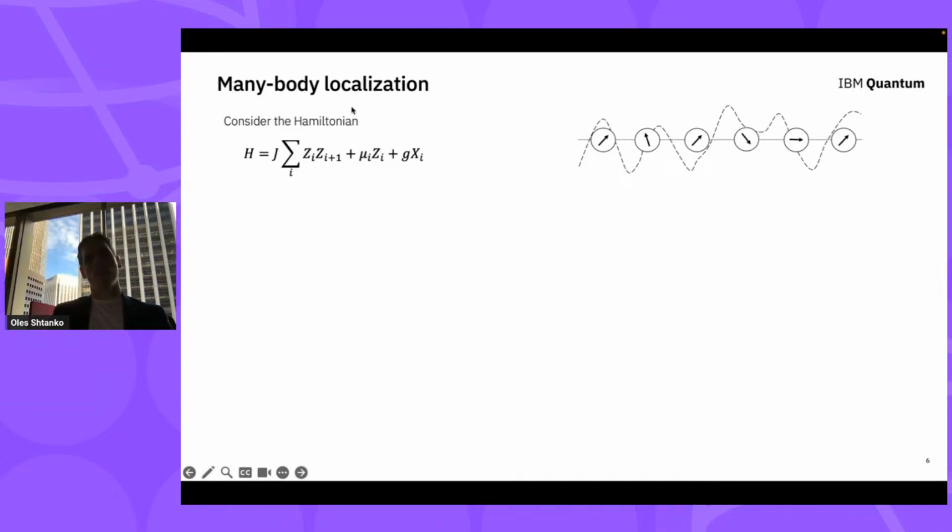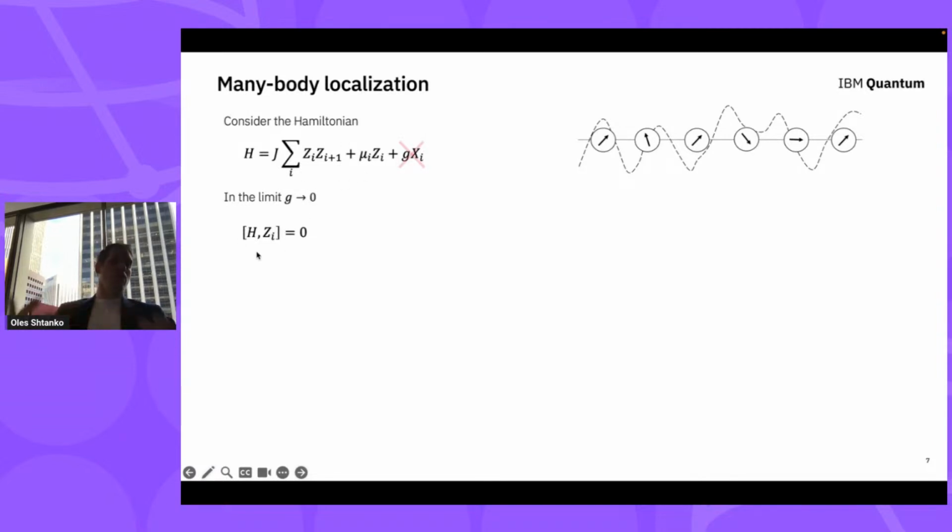So why is this Hamiltonian so interesting, and why has it taken so much attention in the past decade? Well, if you ignore this transverse field and think about just the first two terms, you quickly realize that the individual Pauli Z operators, which describe the individual magnetization of your spins or polarization of qubits, commute with the Hamiltonian.